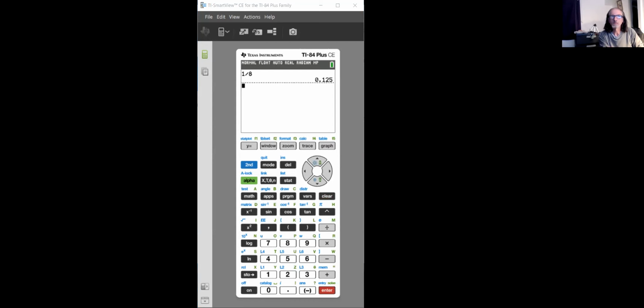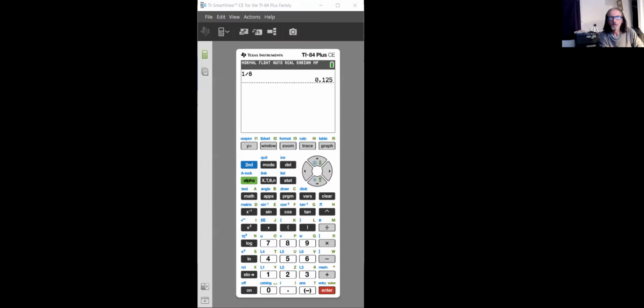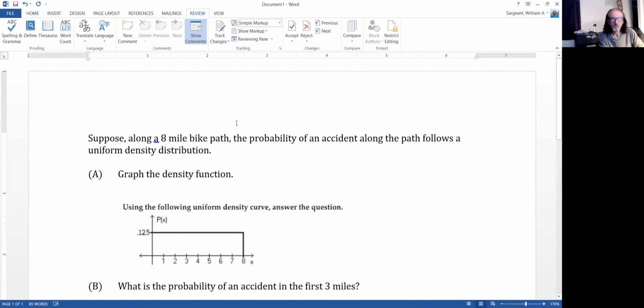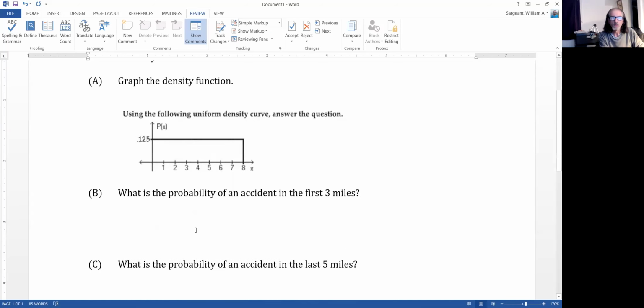So to graph the density function, we're going to have a rectangle, and that rectangle is going to be 0.125 units high. 1 divided by 8 is 0.125. So here's our graph. And we are asked first, what is the probability of an accident in the first 3 miles?